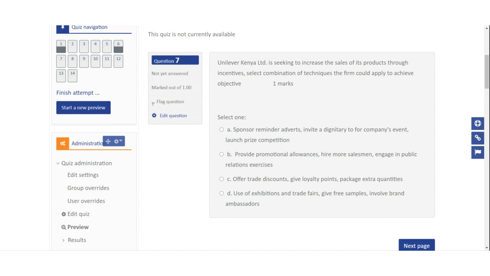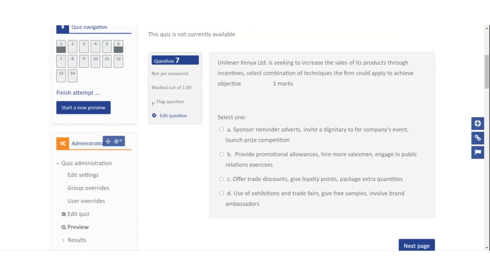Good. So question 7. Unilever is seeking to increase the sales of its product through incentives. Select the combination of techniques that a firm could apply to achieve the objective through incentives.